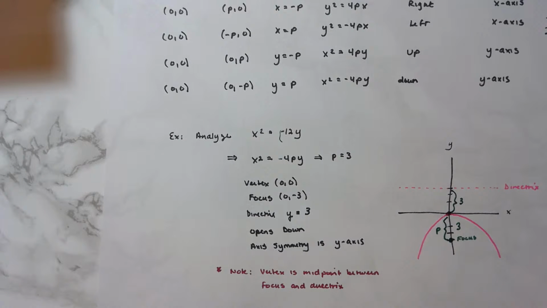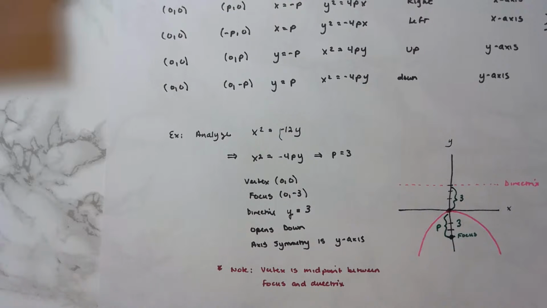Generally, they're going to give you enough information where you can at least plot the vertex and the focus. And then you may have to find that p-value and then determine, look, if you plot the vertex and you know where the focus is, then you're going to know if it's going to open up, down, left, or right. That's just a way you could look at something like that and analyze it.